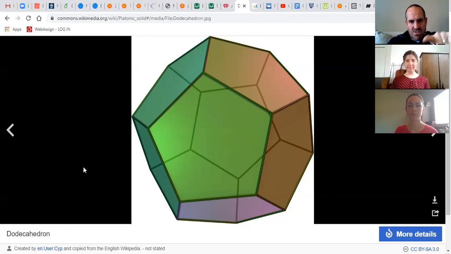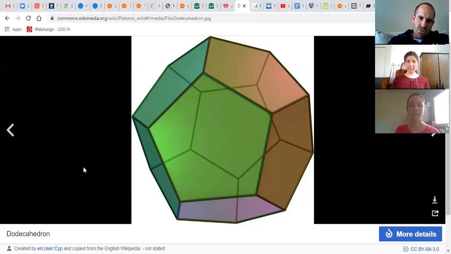We have 5 vertices around the top pentagon. You have 5 vertices around the bottom pentagon, and then you have this zigzag of vertices going around the middle, correct? Do you see this little zigzag pattern going around the middle, the place where you connected those 2 turtle shells? So what do we get there?